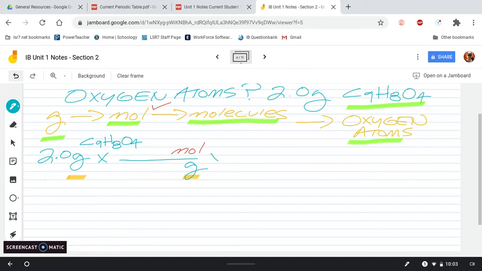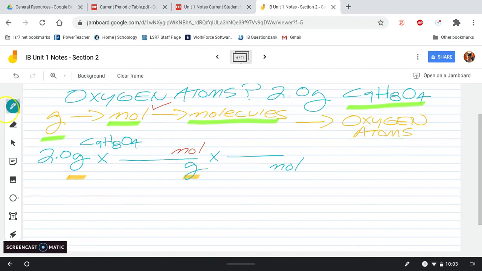Doesn't look as clean as I'd like, so let's try that again. Okay, so if you have moles on top, you now need to get rid of them. So now moles are going to go on the bottom. And then the unit that you want is going to go on top. So we talked about this already. We're going to do it in this order. So we're going to go to, and this gets a little confusing here. I'm going to go ahead and erase this, I think. Give me a little more space right here.